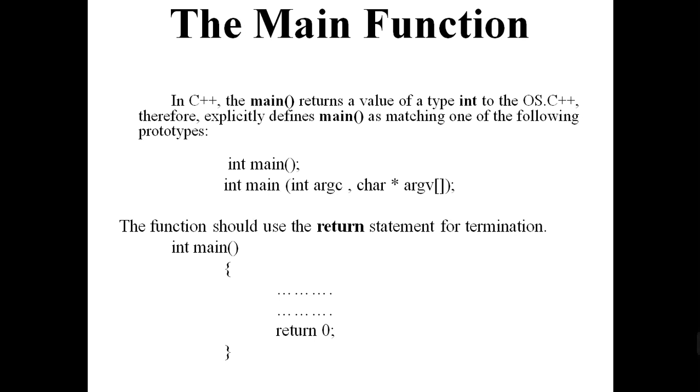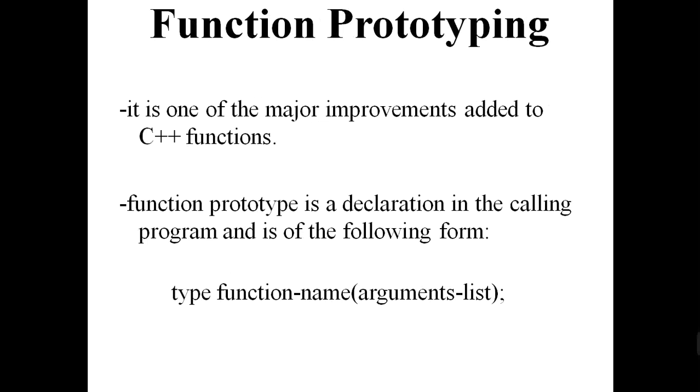Then a function should use the return statement for termination. From the main function, at the end you can write return 0. The purpose of return 0 is that your program is terminated successfully. Okay, go to next.